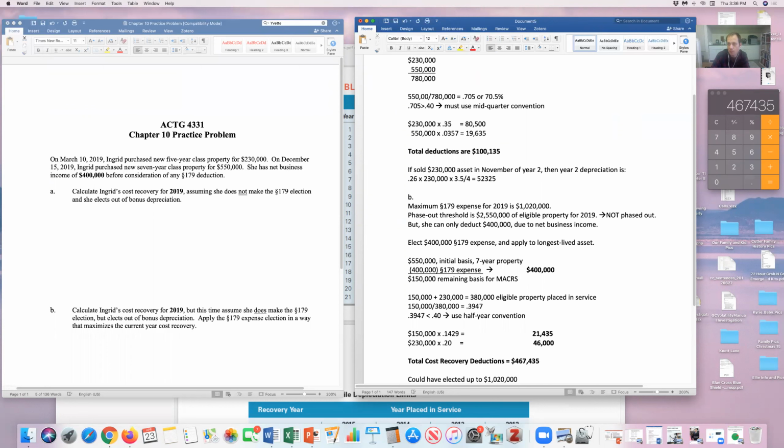She doesn't have that much property, but that's the maximum. So even though she's going to be limited on what she can actually deduct by her net business income before the 179 expense, the most she can actually deduct for 2019 for 179 is 400,000. But she can actually elect more than that, up to the maximum, subject to the phase out.